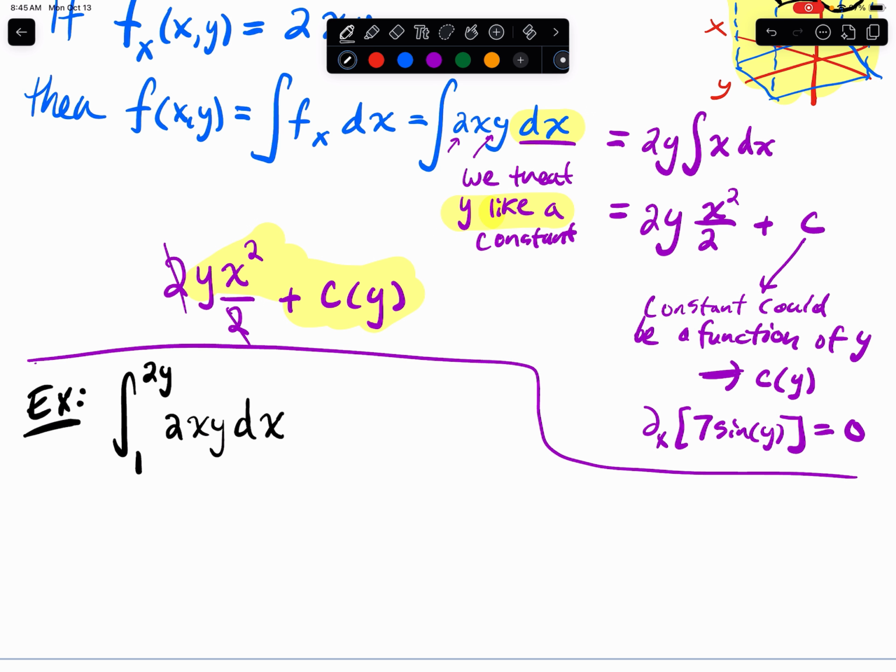What are we integrating with respect to? We're integrating with respect to x, so I'm going to treat all other variables than x like a constant.